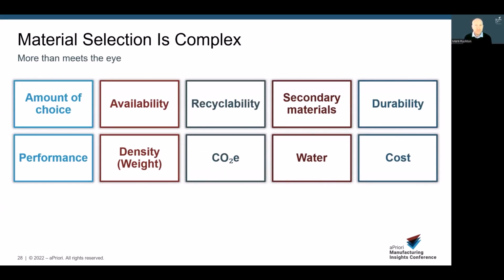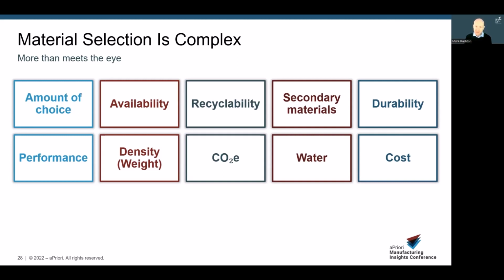So without considering CO2, material selection is complex anyway. You know, there's a lot to choose from. The availability, how much do we currently buy? Is it a recyclable material? Can we use secondary materials? What's the durability like of that material, to make sure that we've got the right performance for our products?